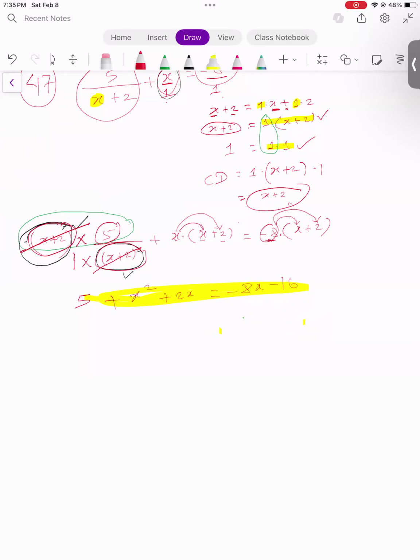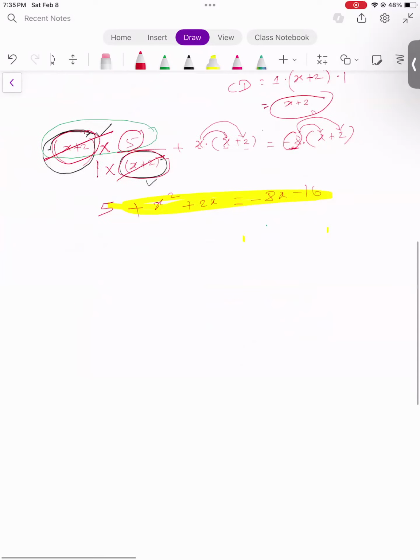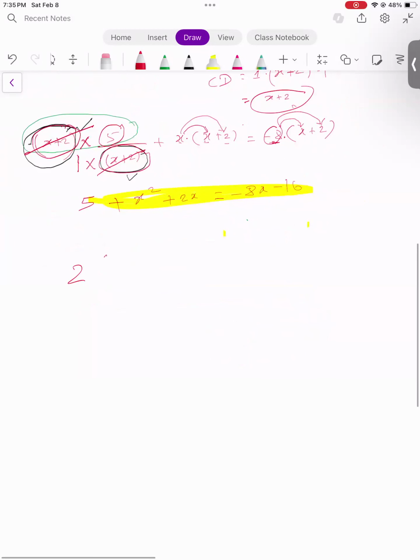Now let me go to the next, number 5. In number 5, we have 2 times (x minus 1) equals y minus 7. You had this question on your quiz too, and you are asked to solve this equation for y. Some of you even solved this equation for x.